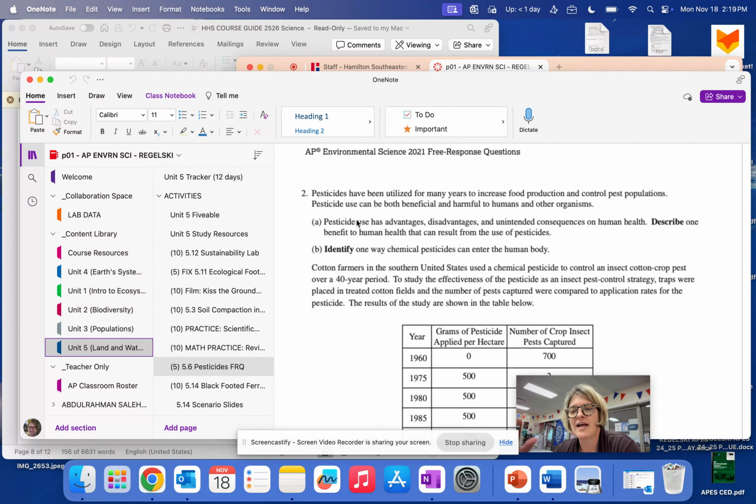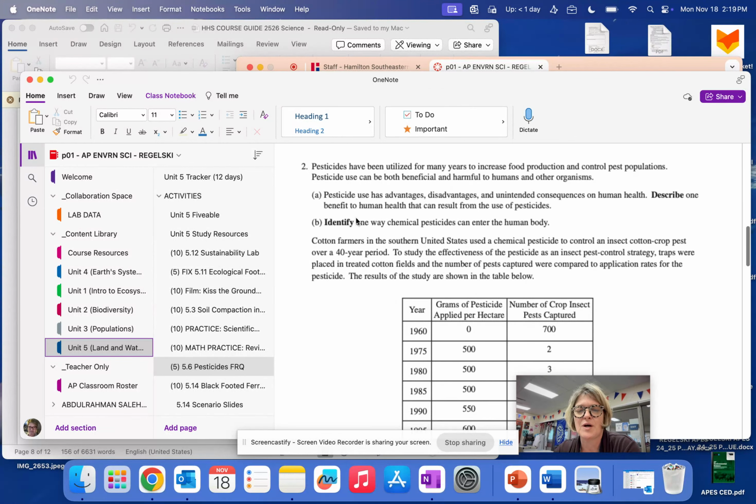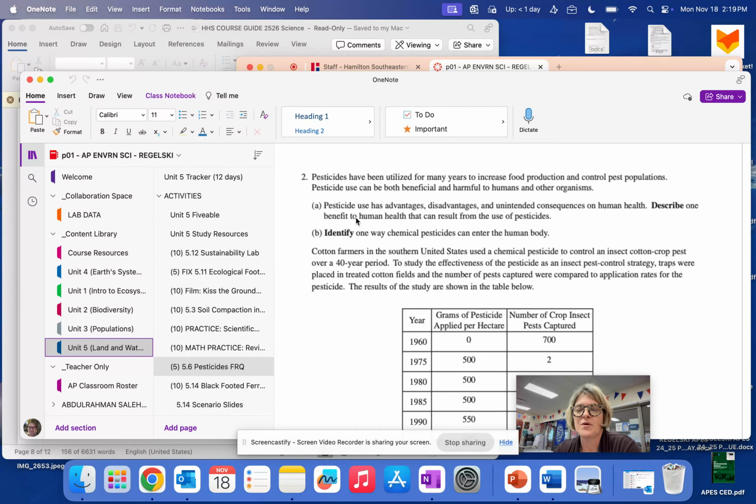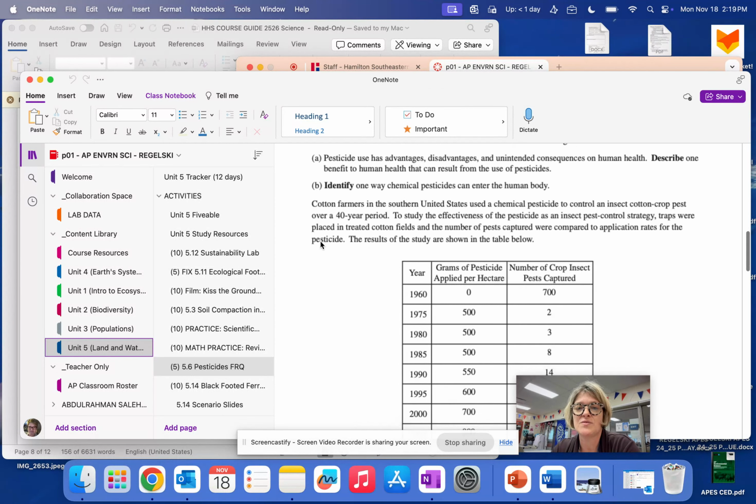It is totally fine if you all work on these FRQs together. So definitely talk to each other in your groups and make sure that you're getting the questions completely answered. Again, refer to the chart above this prompt so that you can use the task verbs and do what it's telling you to do.